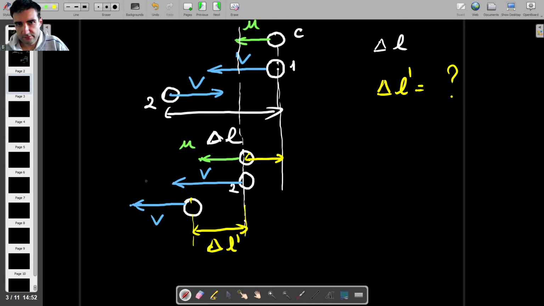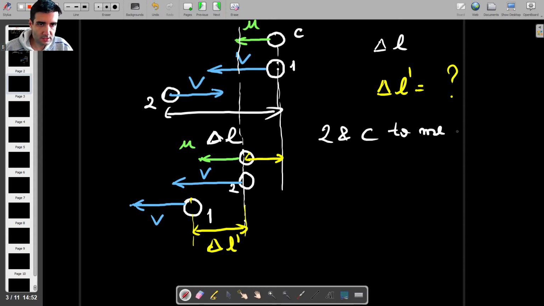Okay, we have this 1, and let's first try to find the time that it takes 2 and C to meet. So 2 and C, they meet up after how long?